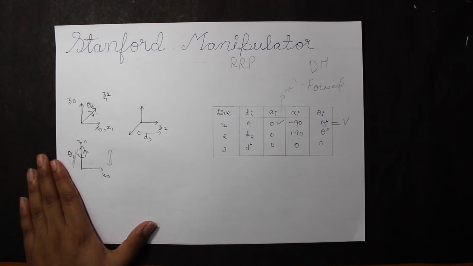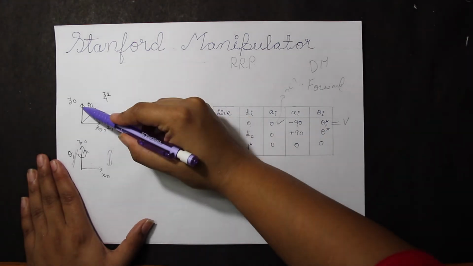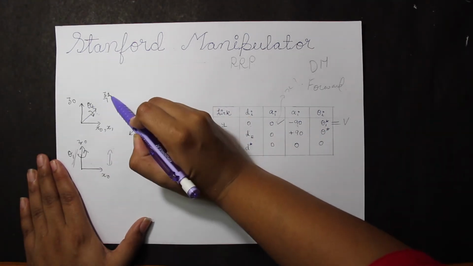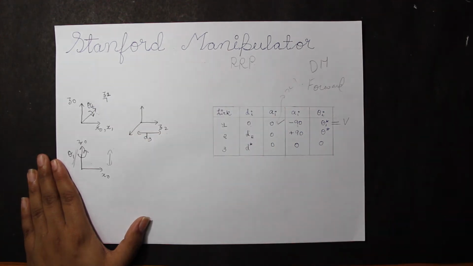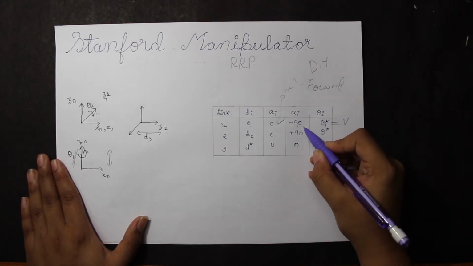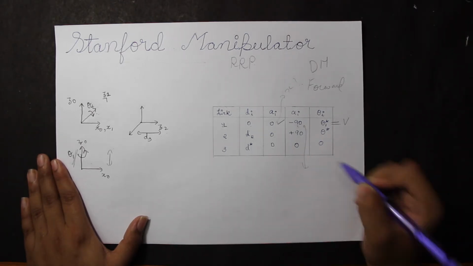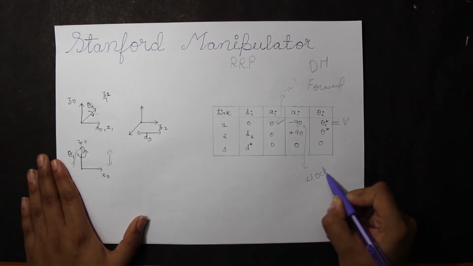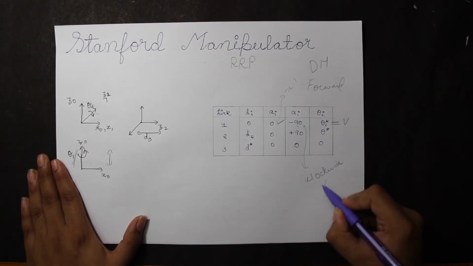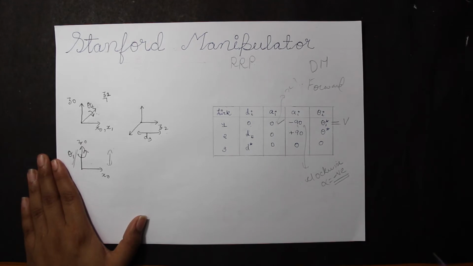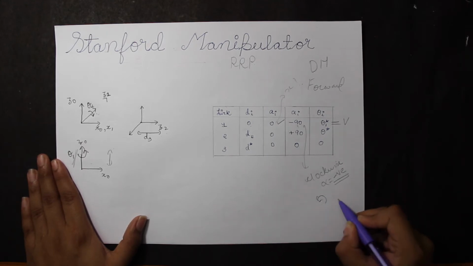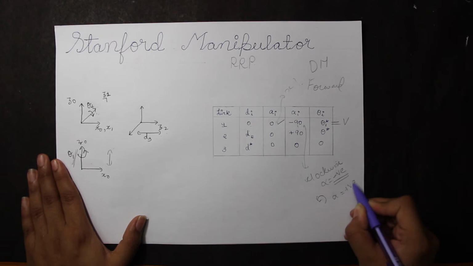If we look at the first link with respect to the 0th link, we find that Z1 has rotated 90 degrees with respect to Z0. This rotation has taken place clockwise, so this makes our alpha I value minus 90. If it was anti-clockwise, we would define it as plus 90.